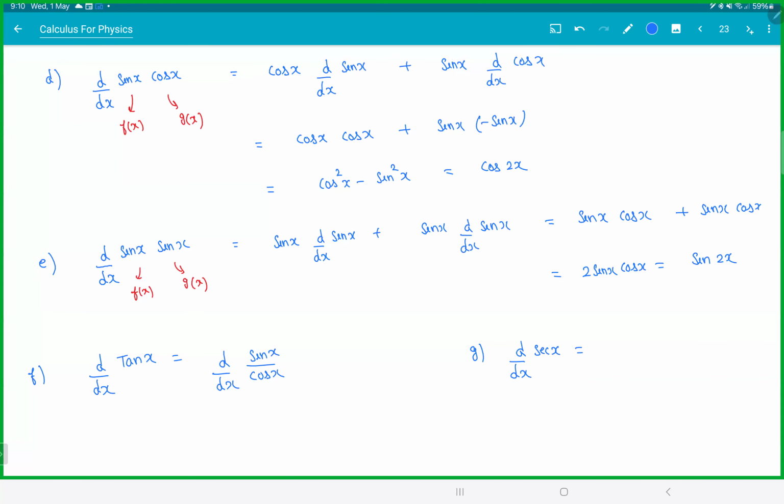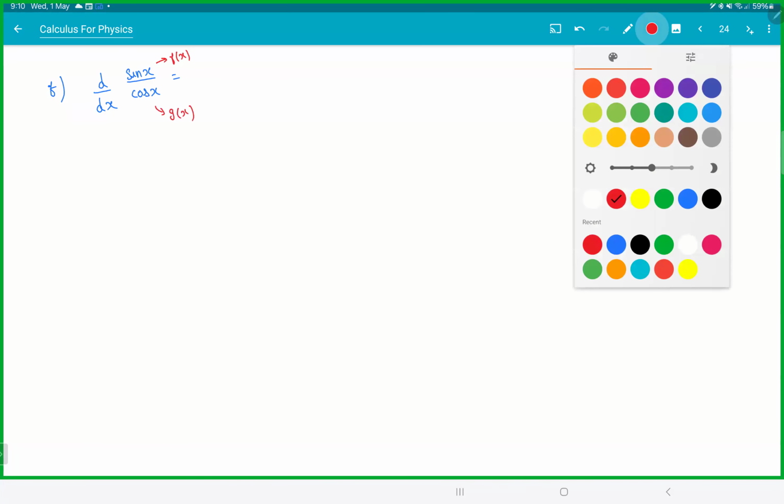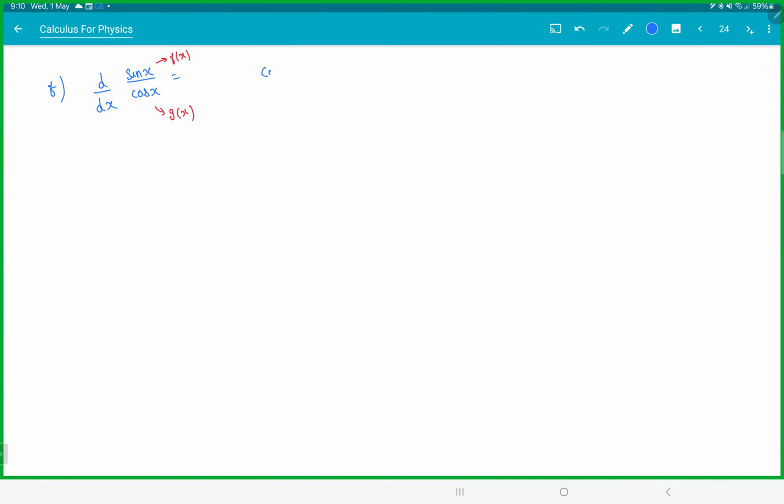Let's see the tan part. This is f of x. This is g of x. So substitute in the formula. First differentiate f of x here.